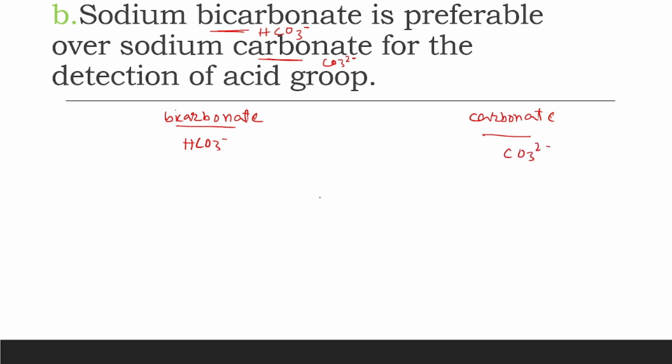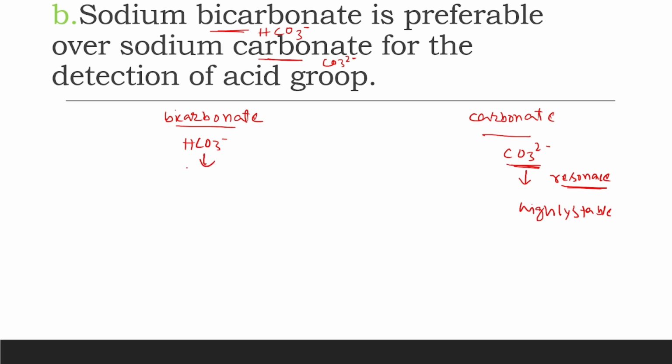This carbonate ion is stable due to resonance hybrid. Therefore, it is highly stable compared to this bicarbonate.